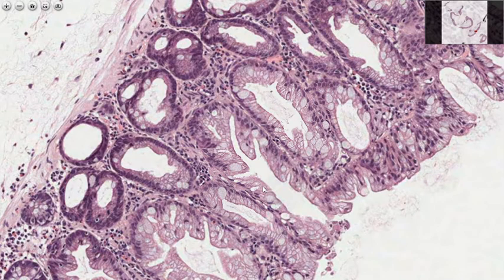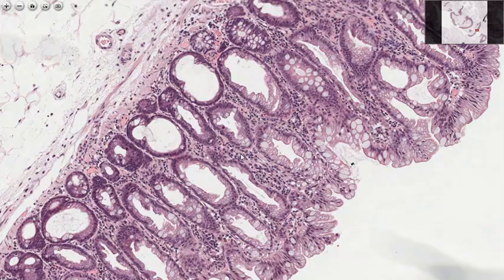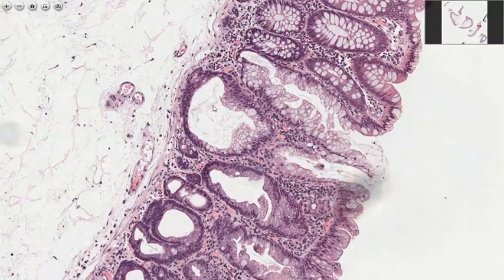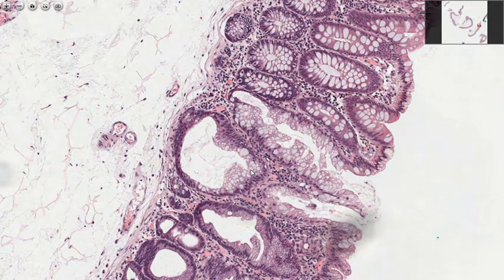I think this is compatible with sessile serrated lesion. See this crypt and this crypt, there is dilatation up to the base of the crypt, as well as some expansion of the crypt to the periphery. This kind of expansion is compatible with sessile serrated lesion.